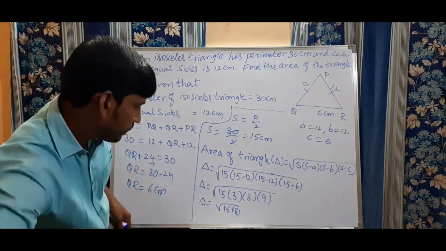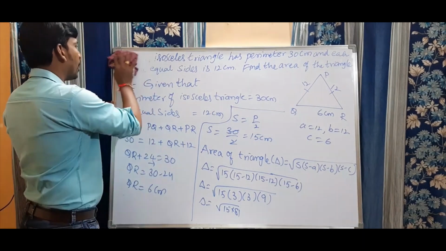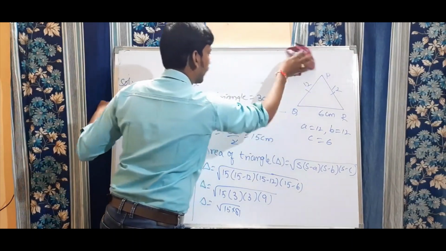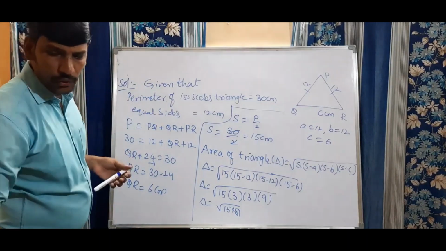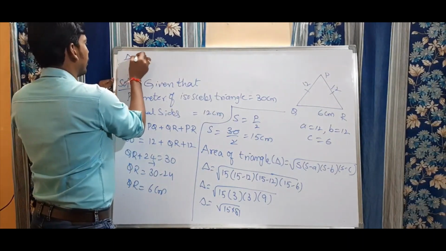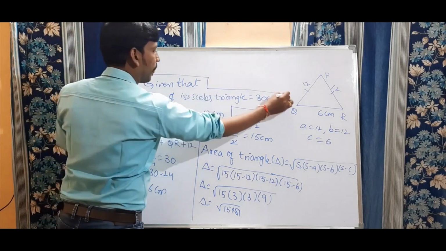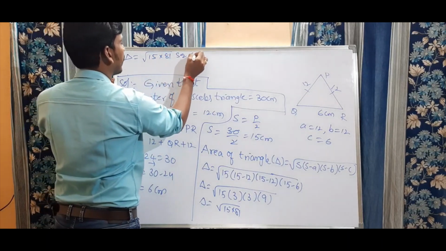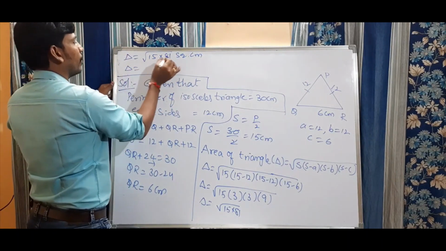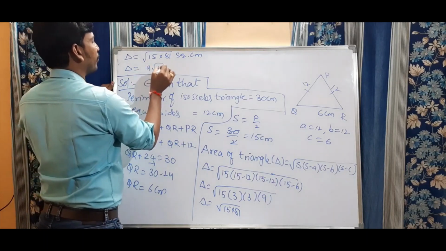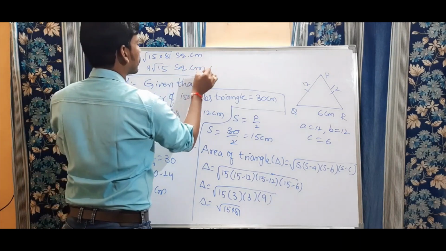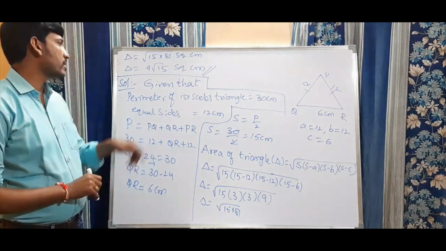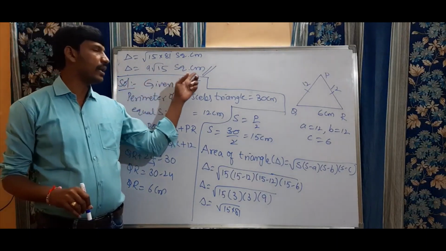So delta we got root of 15 into 81 square centimeters, and the root of 81 is 9, so delta is equal to 9 into root 15 square centimeters. That is your answer. So what is the area of the isosceles triangle here? That is 9 into root 15 square centimeters.